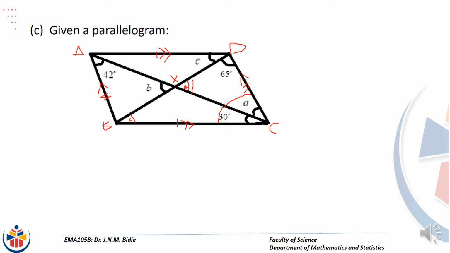And if we know DBC, it will give us the value for C using AD parallel to BC. Therefore, DBC is alternate to C because of AD parallel to BC. Please work this out and get the values.